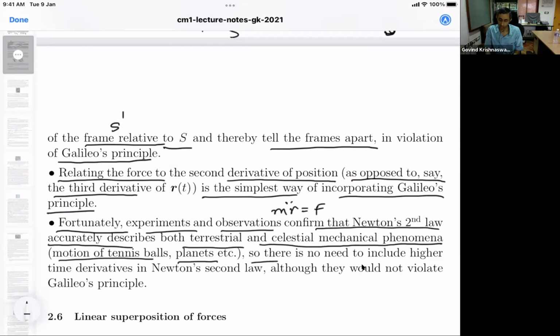So there is no need to include higher derivatives with respect to time in Newton's second law, although they would not violate Galileo's principle. I hope this is understandable. Please let me know if you have any questions at this stage.